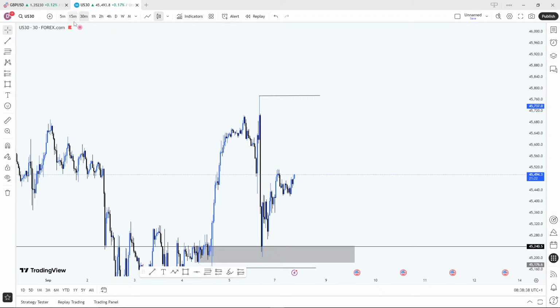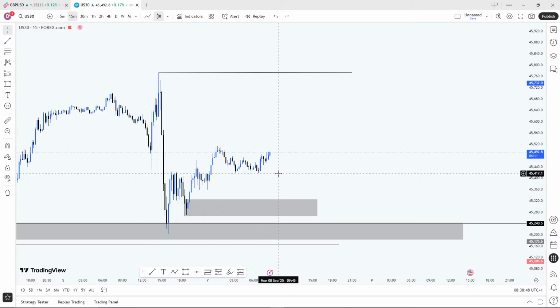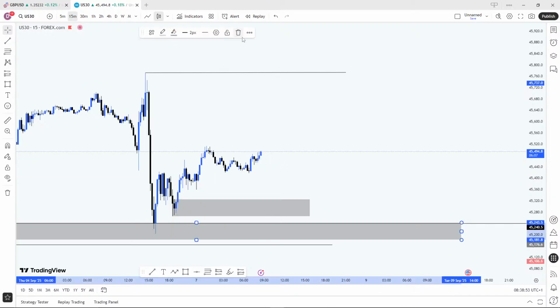So we have this very order block right here, and this order block has all the criteria, everything we need complete.